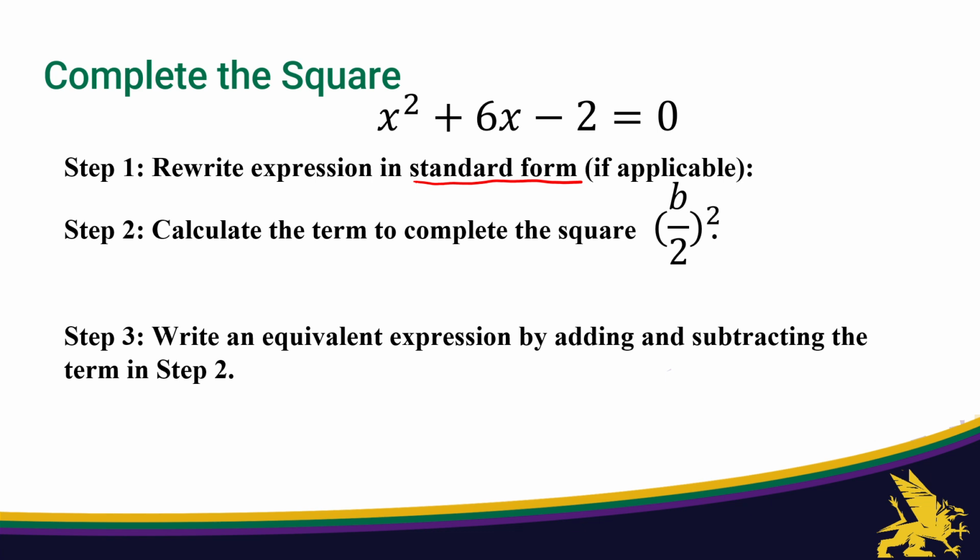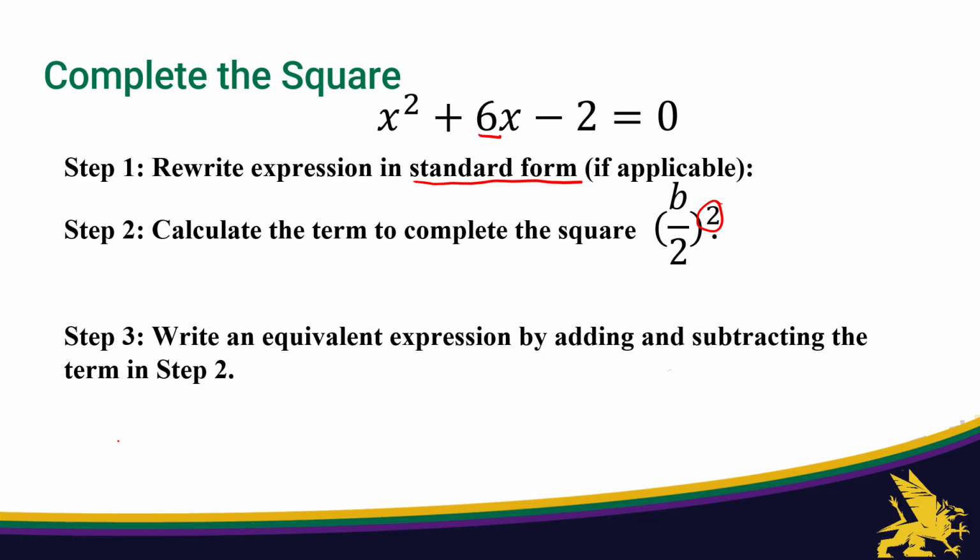We're going to make an equivalent relationship by thinking about what is half of b and squaring it. But for this, I'm going to keep it in this form and I'm not going to square it. So that means my b value is 6. So 6 over 2 is 3.